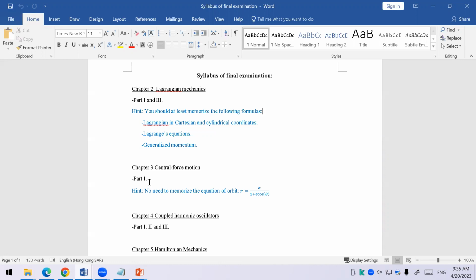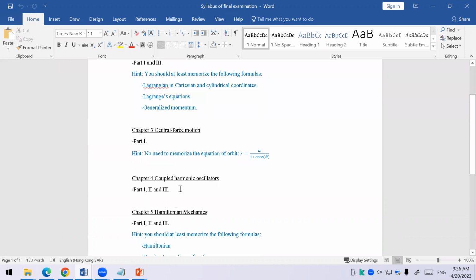Part 2 and part 3 are about the reduced mass, two-body motion and stability of circular orbits, so oscillation. Those you don't need to worry about. Hints: you do not need to memorize the equation of orbit. If you need to use it, I'll provide that to you.